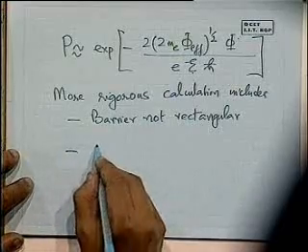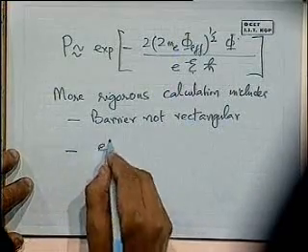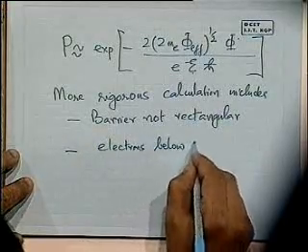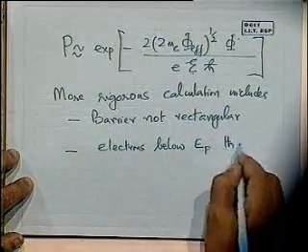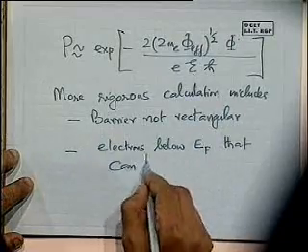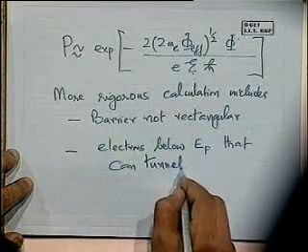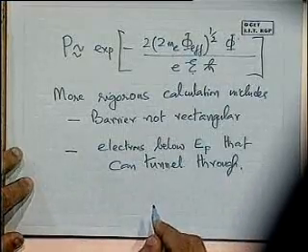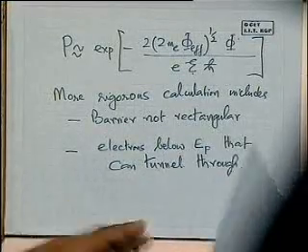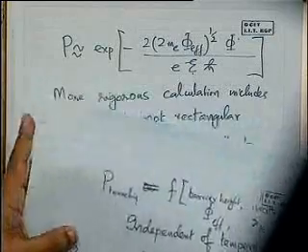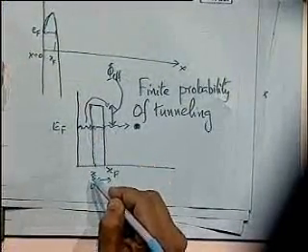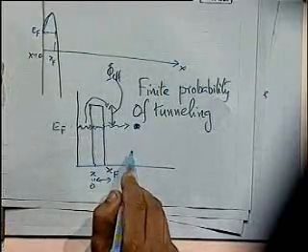Secondly, there are electrons below EF that can tunnel through. We looked at electrons at energy EF tunneling through, but we've got lots of electrons below that also which can tunnel through.